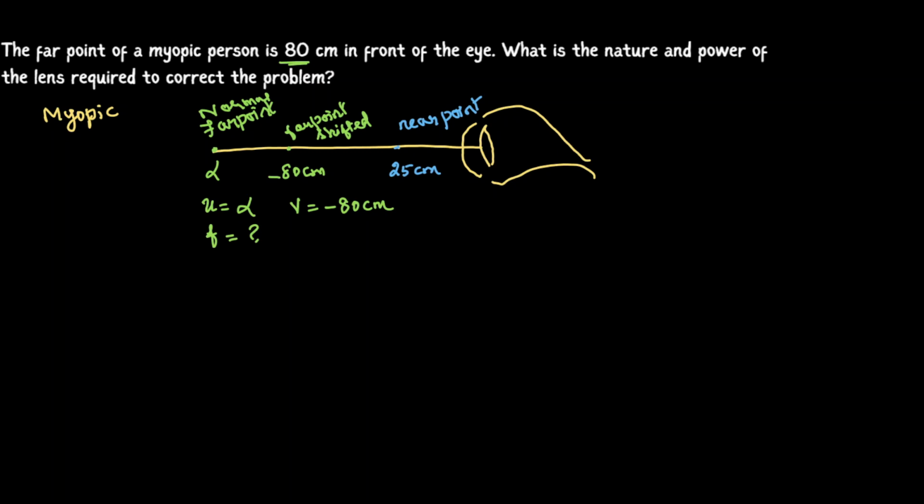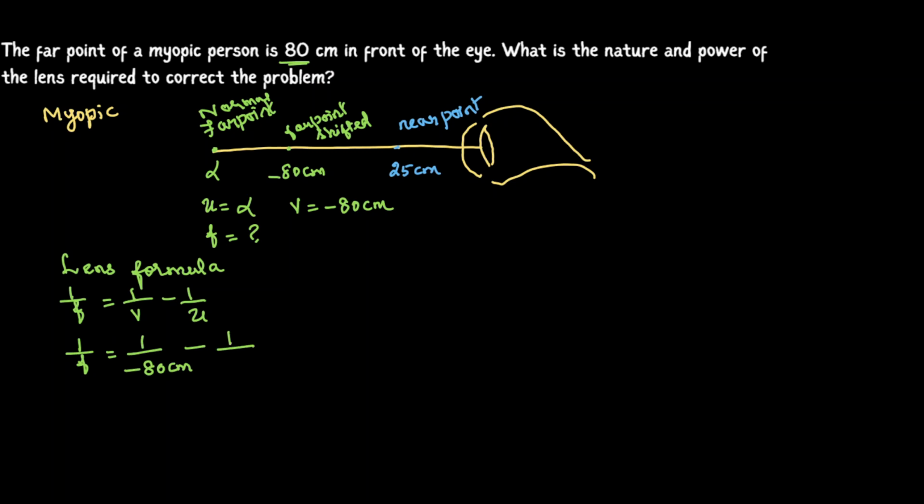Using the lens formula, 1 by f is equal to 1 by v minus 1 by u. Substituting the values, 1 by f is equal to 1 by minus 80 centimeter minus 1 by u, which is infinite. So 1 divided by infinite becomes 0.